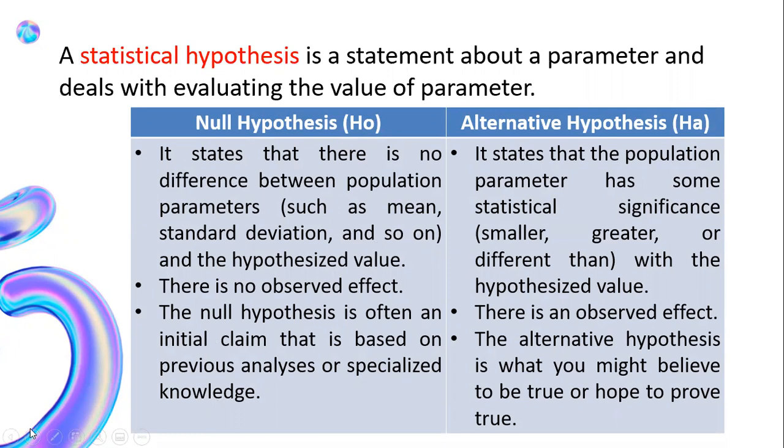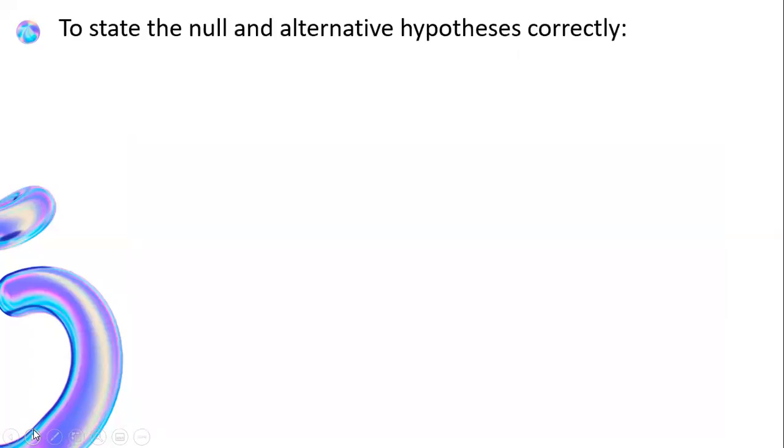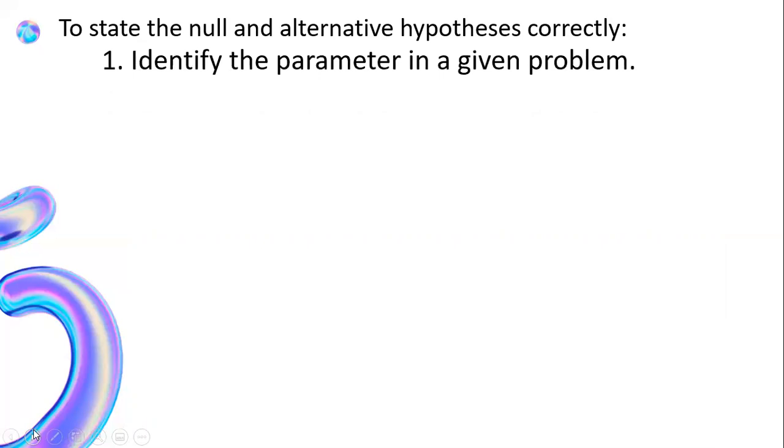Did you understand what it says on null hypothesis and alternative hypothesis? Okay, let's now proceed. This one will also help you in identifying the different symbols or in formulating your null and alternative hypothesis.